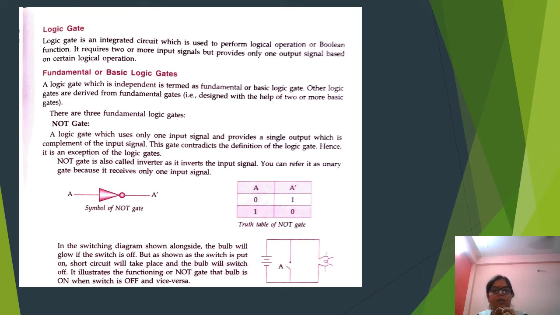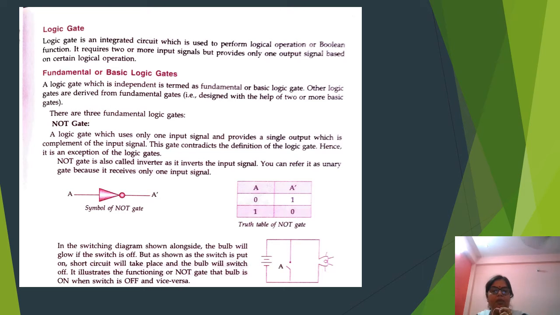First one we are going to study is the NOT gate. What is a NOT gate? In a NOT gate, students, we use a single input. See how it has been done, and please pay attention to the sign, how NOT is made. A logic gate which uses only one input signal and provides a single output which is the complement of the input signal.